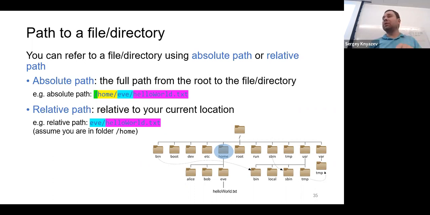Any folder can be your working folder. And from this point, to access the same files, you need to change your relative path according to where you are currently, if you're working with a relative path. With an absolute path, every single file always has a unique address.